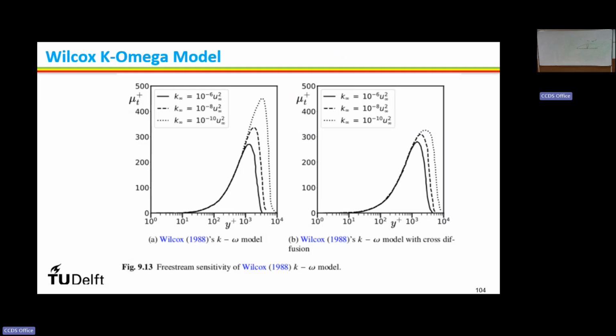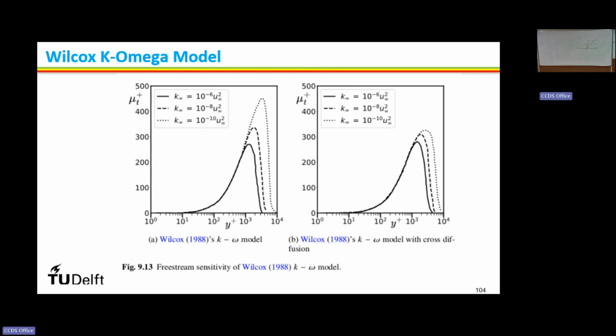If there is a slight change in the order of 10 to minus 6, minus 8, minus 10, you can change mu t, which is nothing but the ratio of eddy viscosity to laminar viscosity. That drastically changes, from around 500 to around 300 to 250, with this Wilcox model. Wilcox prescribed this model in 1988 when it was found that with free stream velocity this model gives drastic deviation.